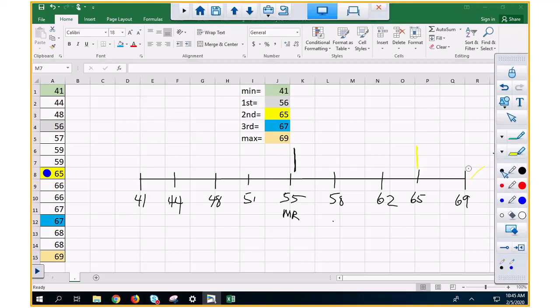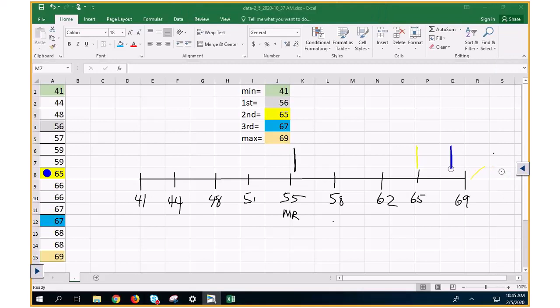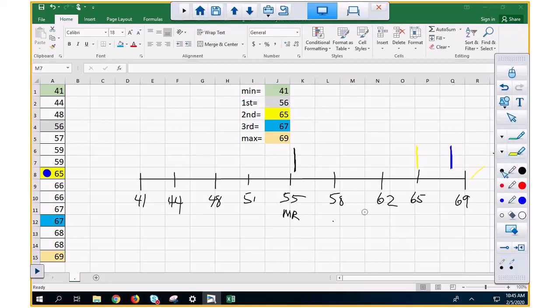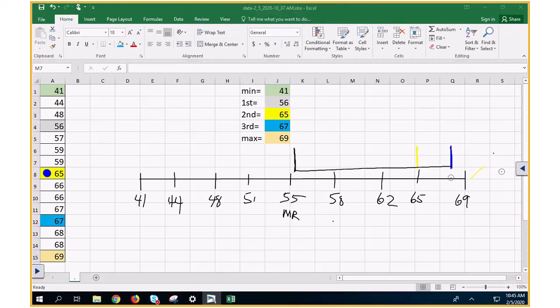And 67 is right here. And it looks to me like we got a little bit, what? Skewed left. Now please write down all that so I can transfer it over to the answers, please.